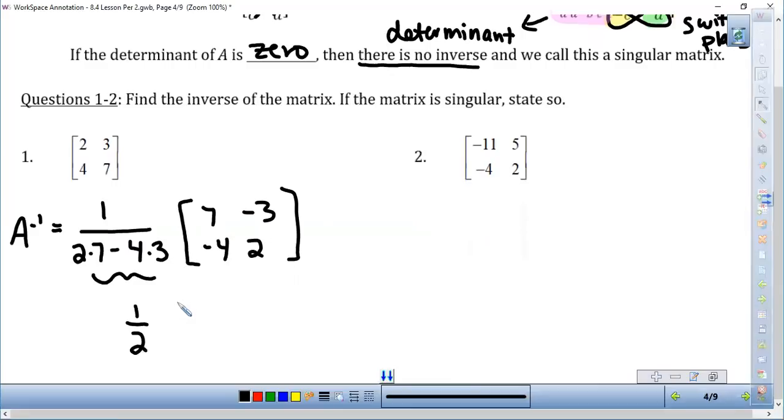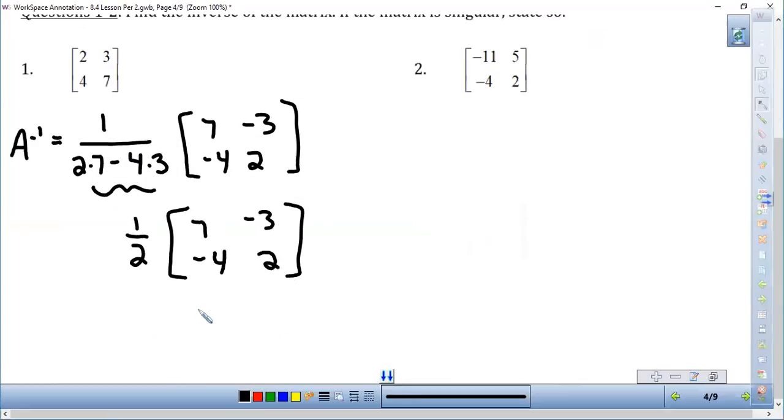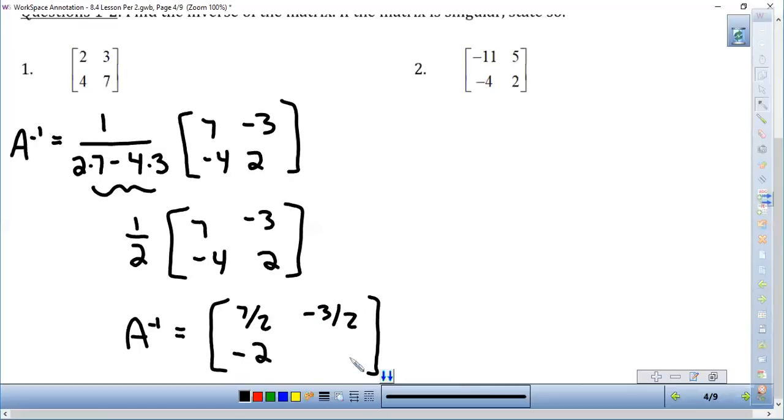So we're going to end up with a fraction of 1/2 out in front. And then we're going to distribute the 1/2 into this. That's going to give us a final inverse answer of 7/2, -3/2. On the bottom row, 1/2 times -4 is -2. 1/2 times 2 is 1. So that'll be the inverse for that first one.